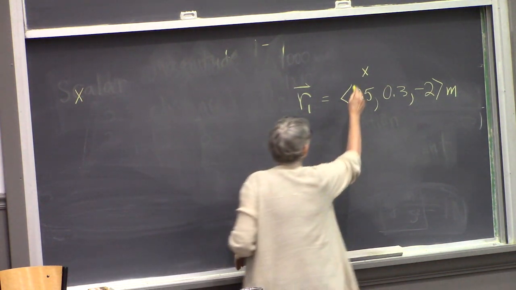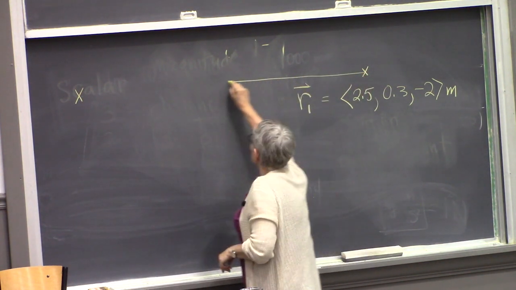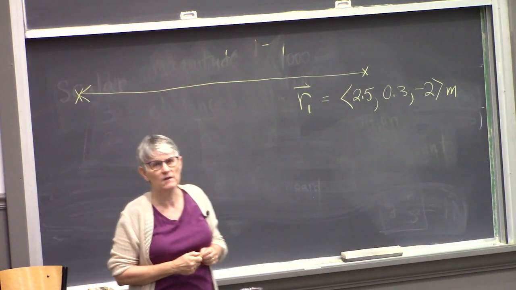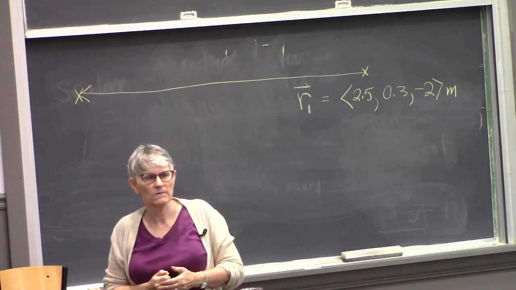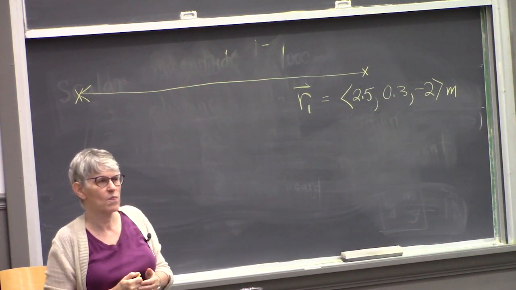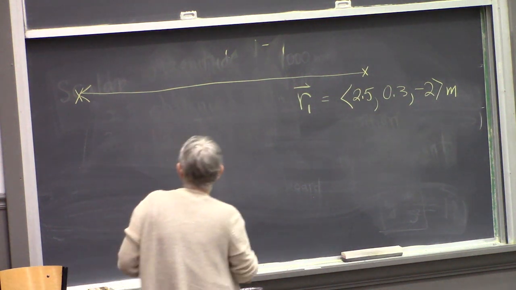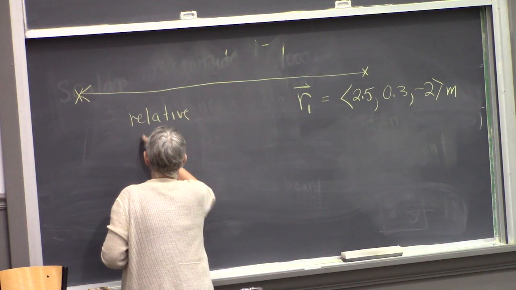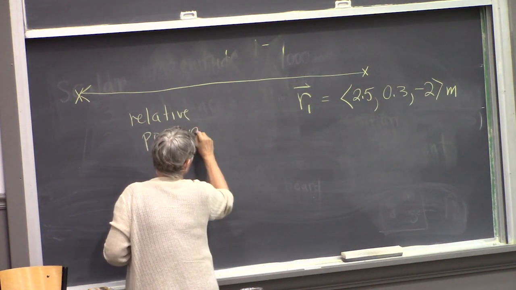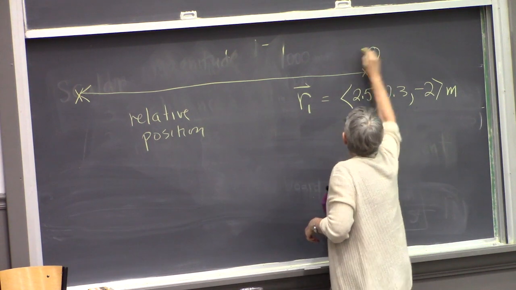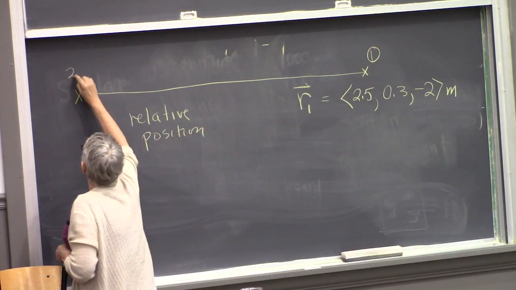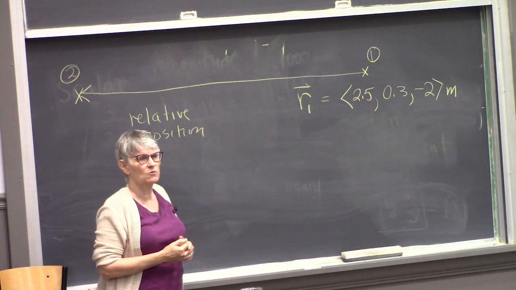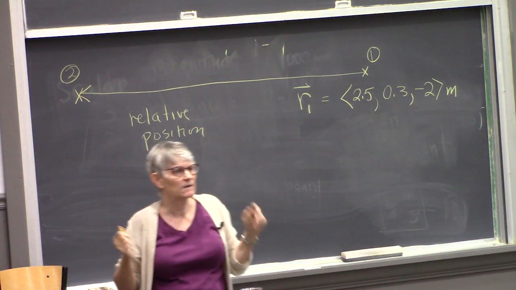What do you think the vector that starts at this location and goes to our new location is? This is called relative position. So we'll call this location 1, we'll call this location 2. This is the position of location 2 relative to 1. So what is this vector approximately?